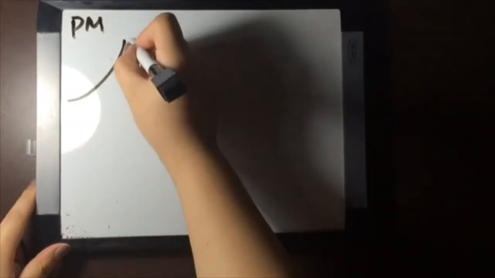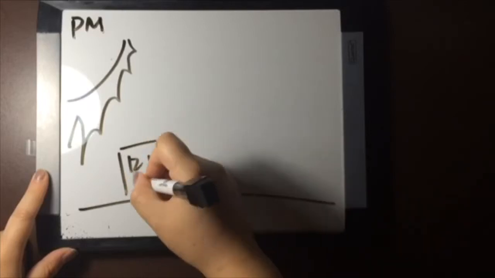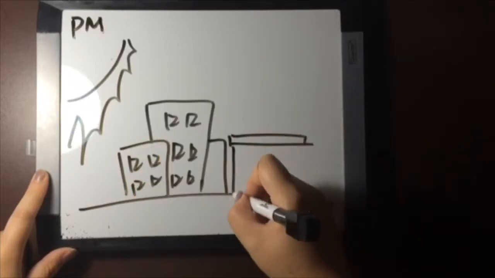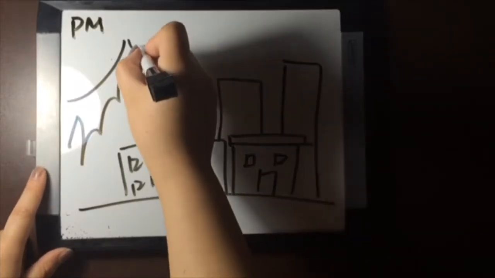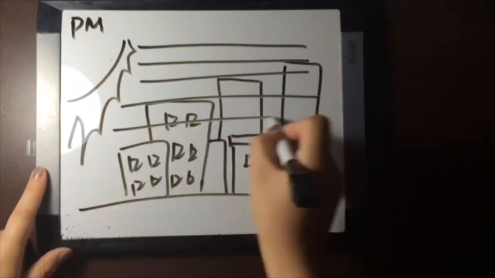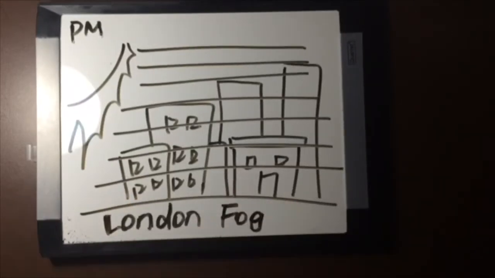When PM mixes with other chemicals like sulfur dioxide and they reach a certain amount, they can block the sunlight and form haze, which will cause visibility reduction. A famous example of this is the London fog.